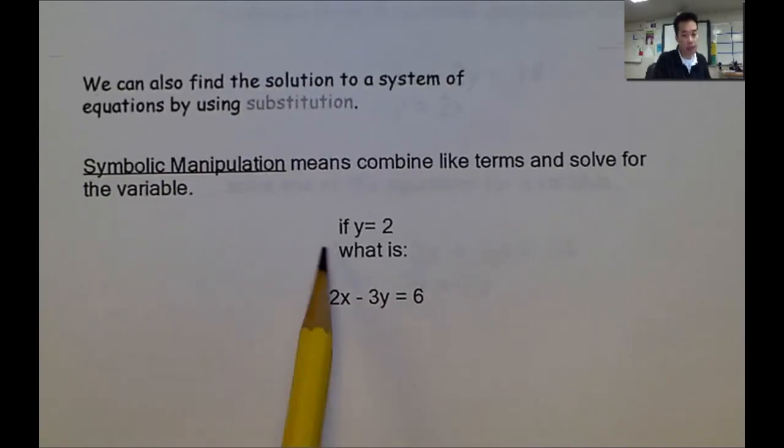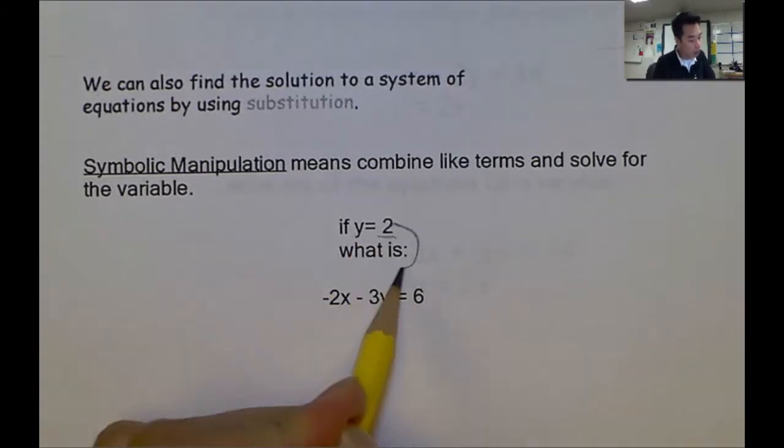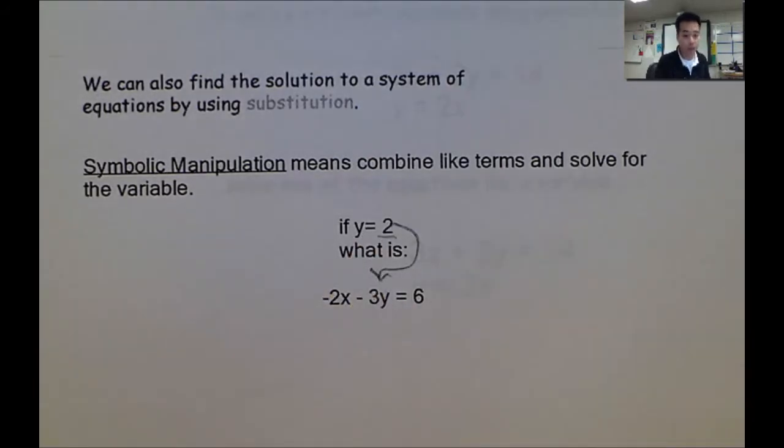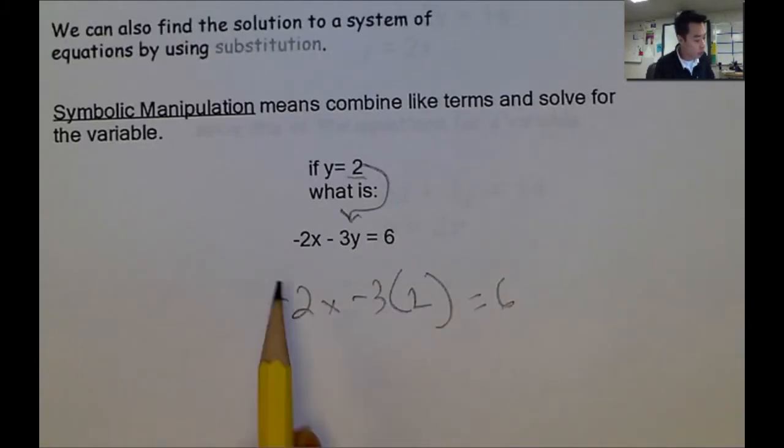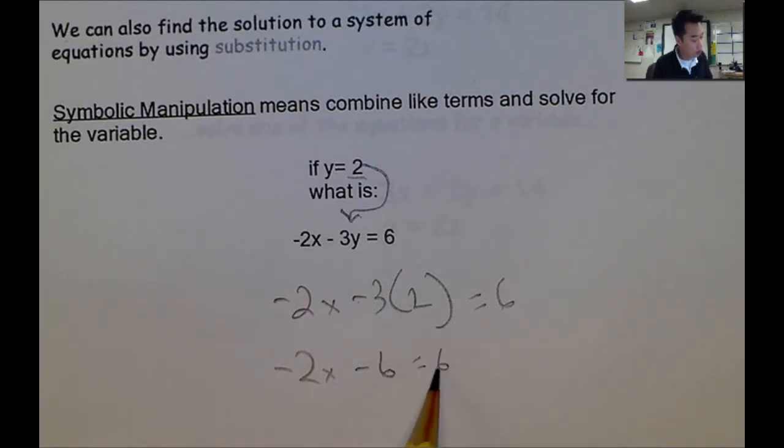So here's a perfect example of what I'm talking about. In this case, y is equal to 2. So evaluate this. We're going back to 6th grade and 7th grade. If y is equal to 2, I'm going to substitute it right there. So I get negative 2x minus 3 times 2 equals 6. I do my order of operations: negative 2x minus 6 is equal to 6.